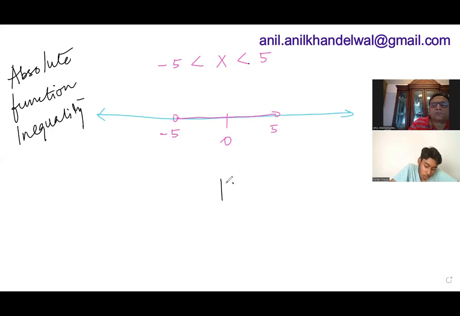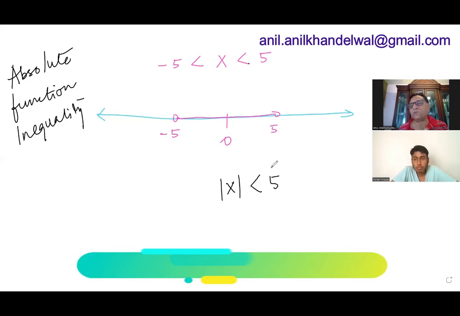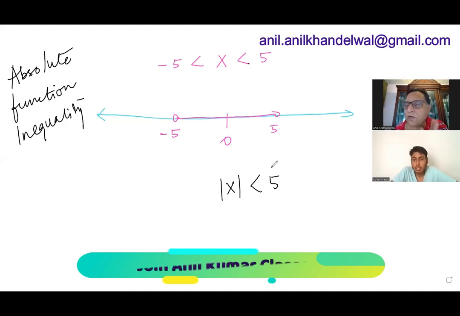So I could write absolute value of x is less than 5. Do you see that? That means the interval which is within plus or minus 5. This is what the absolute value really means, right? You're the same distance away from the vertex, the center point.